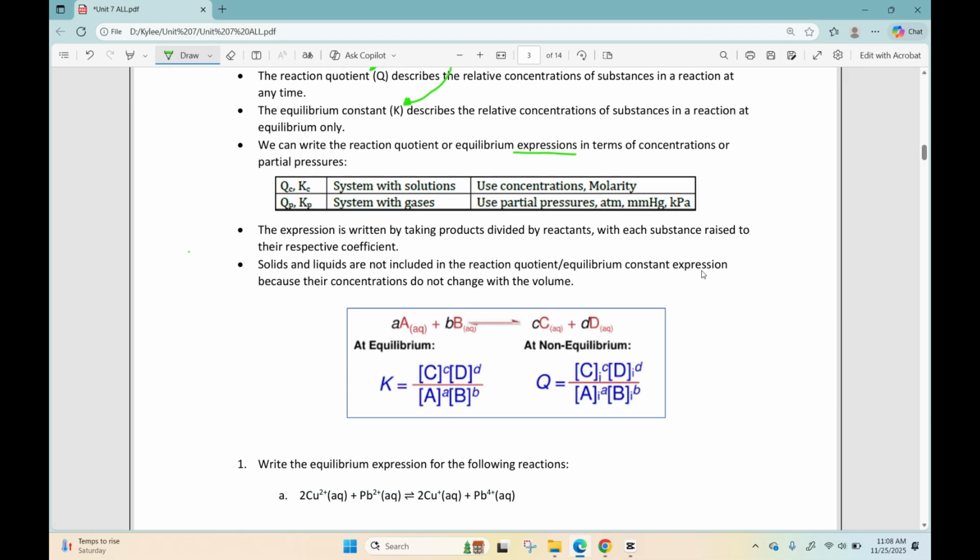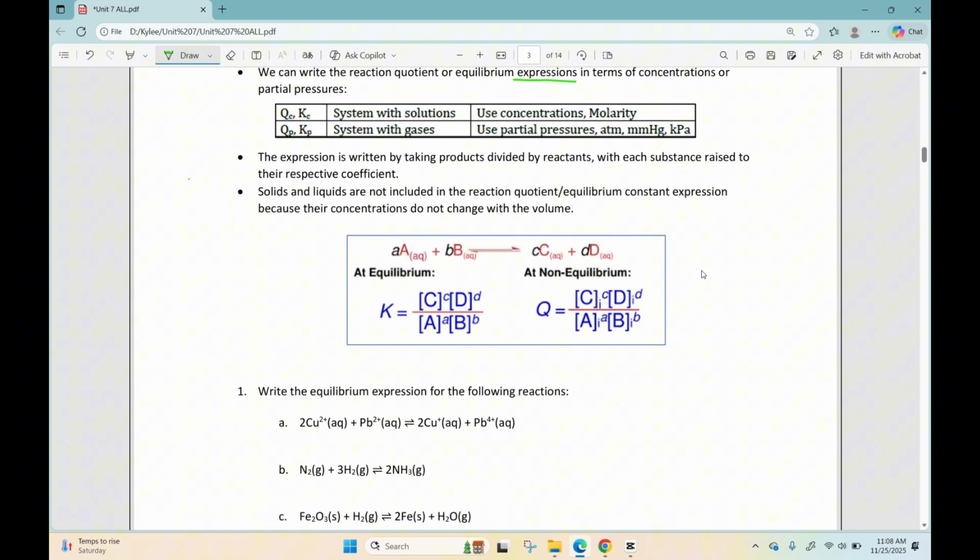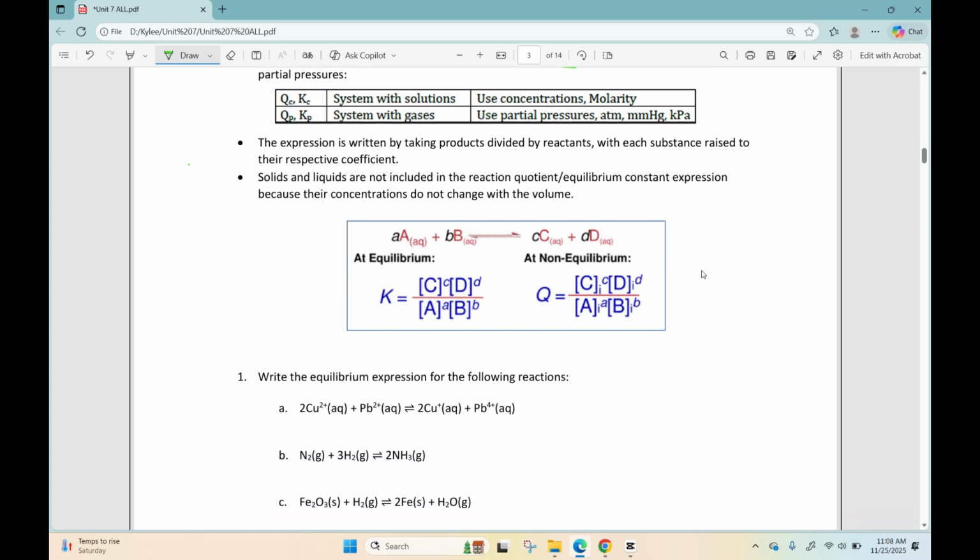These expressions come from taking the products divided by the reactants, with each substance being raised to its respective coefficient from the balanced chemical equation.